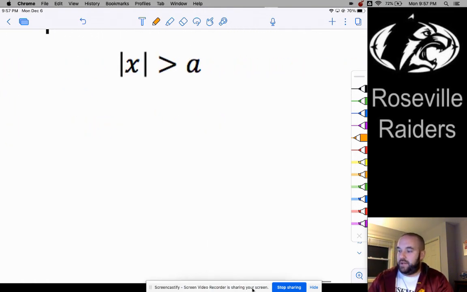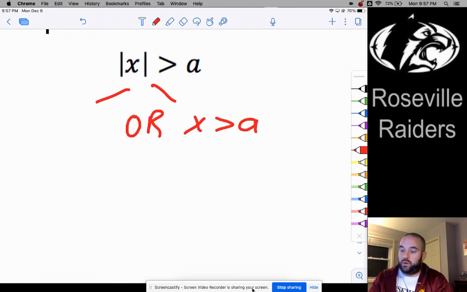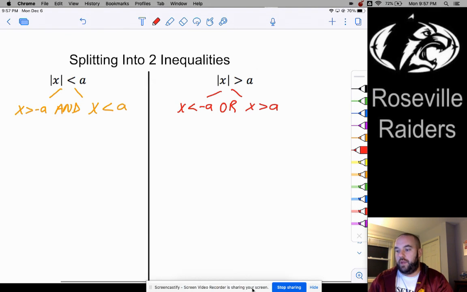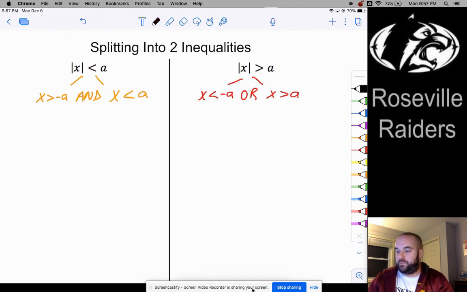Or on the other side, if I reversed it, when I split this up, x is greater than a, so I'm just copying everything the same. Or x has to be less than -a. Again, a turns negative, and then I shade the other direction.